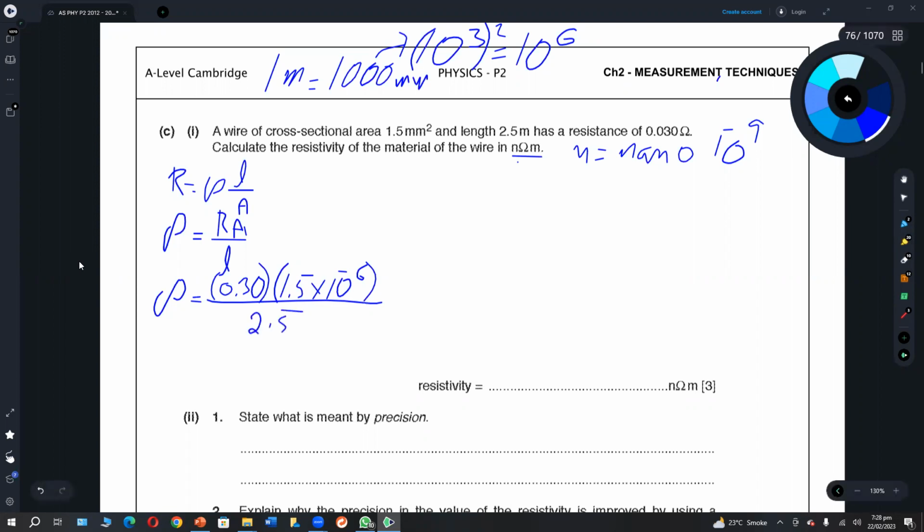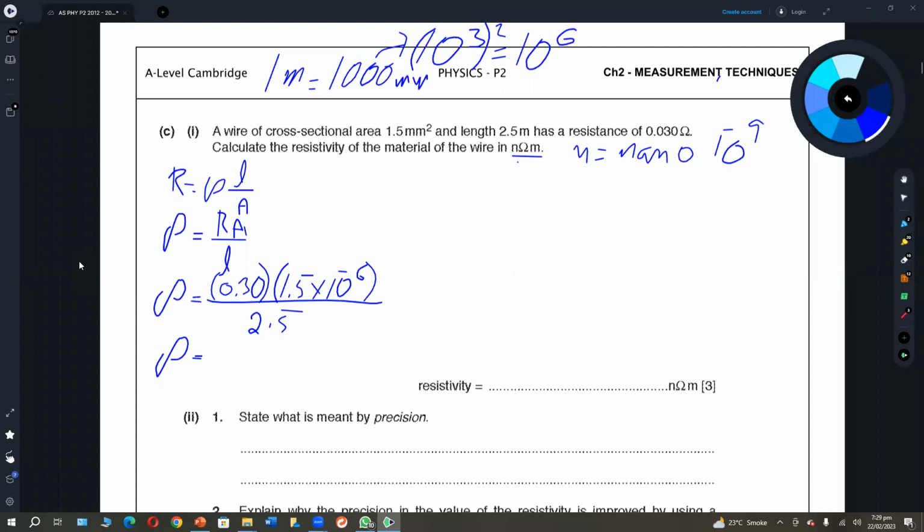Okay, so let's get this answer. It is coming as 1.8 into 10 power minus 7.